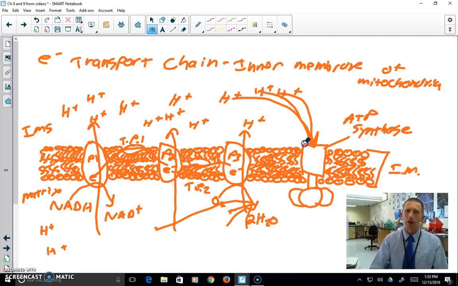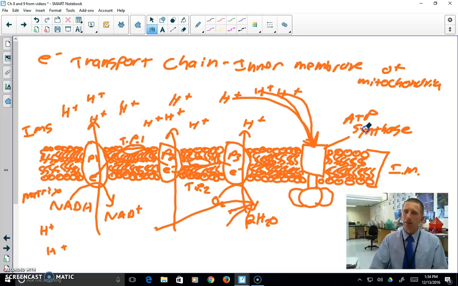ATP synthase, in my opinion, is the coolest protein in the whole entire world because it acts like a turbine on a hydroelectric dam. Right, being from Washington and having lots of hydroelectric power, most of you have probably been in the Grand Coulee Dam and got the tour and everything like that. So you know that what a hydroelectric turbine does is it spins as water flows through and it makes electricity.